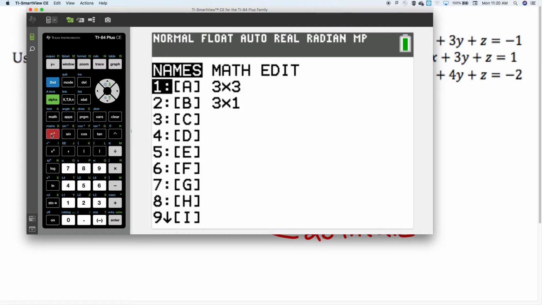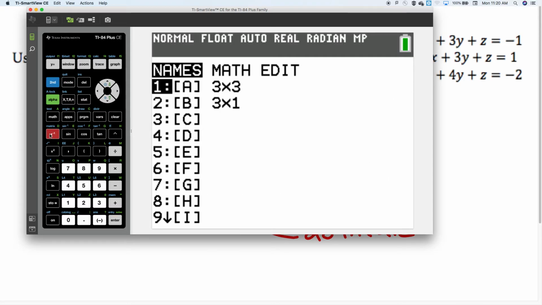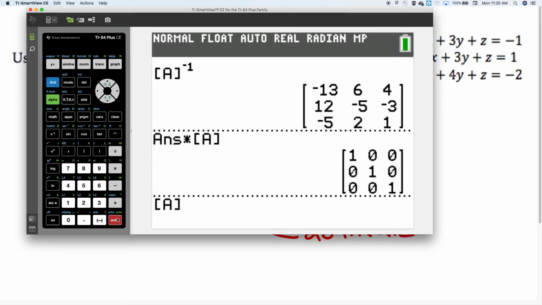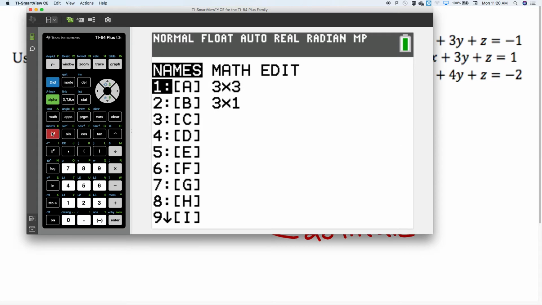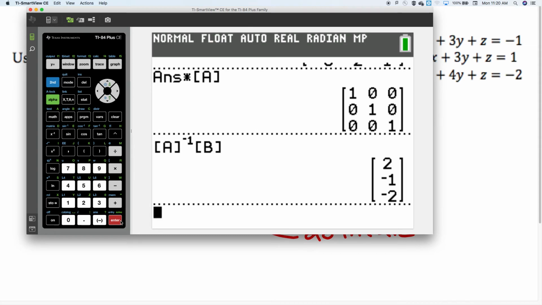And then I'm going to call on matrix A, but I have to use its inverse, and then multiply it by matrix B. My solution should be 2, -1, -2.